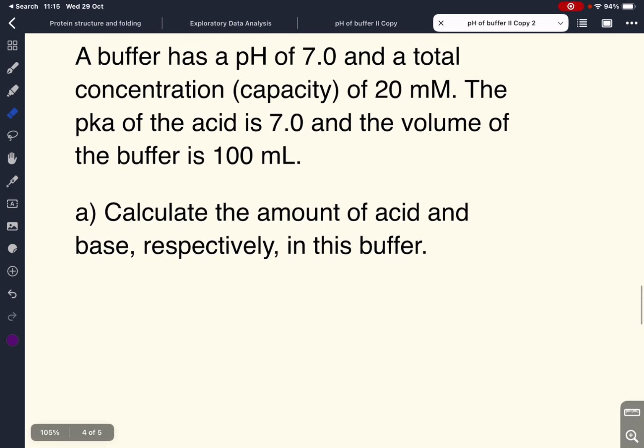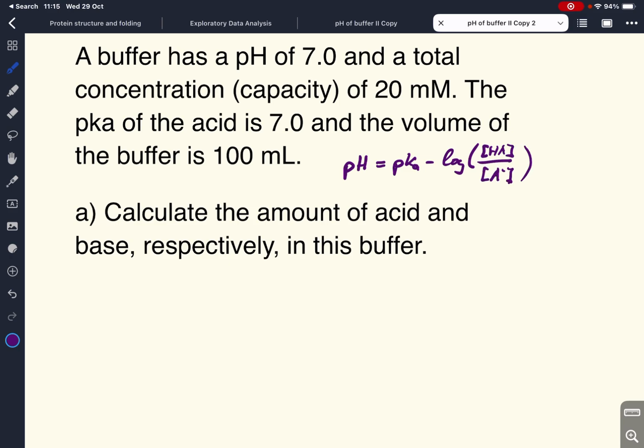Now, before we get started, of course, we do a sort of a reality check. We've got the Henderson-Hasselbalch equation, pH equals pKa minus log of the acid concentration divided by the base concentration, and I abbreviate it like that.